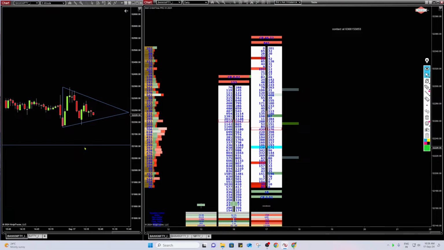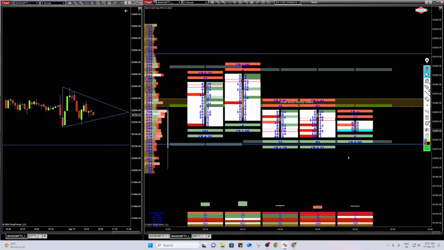So now I won't be looking to buy the options unless any red candle breaks this point of 52,210 or 220. Then I will be taking the position on the downside, with the target of 52,100. So we always have to go with the market, not against the market.